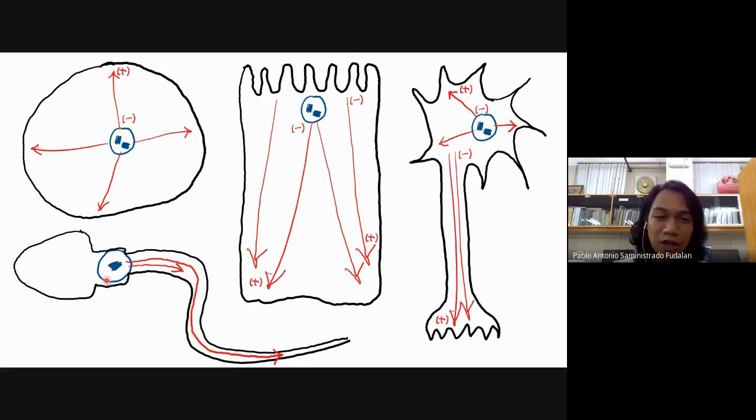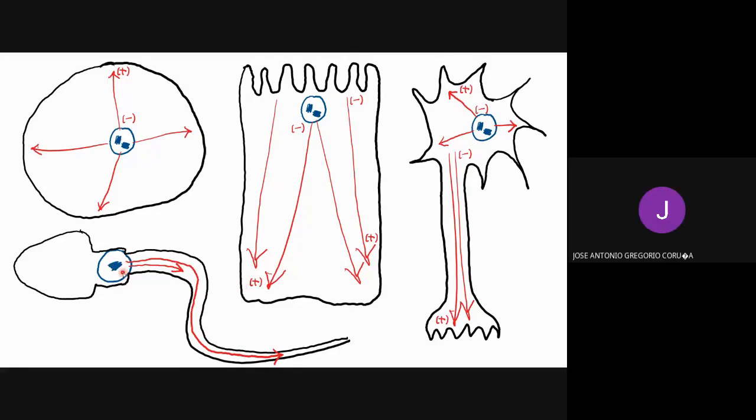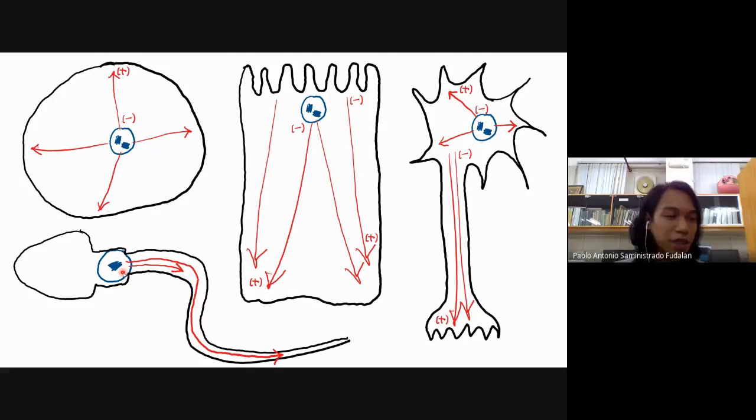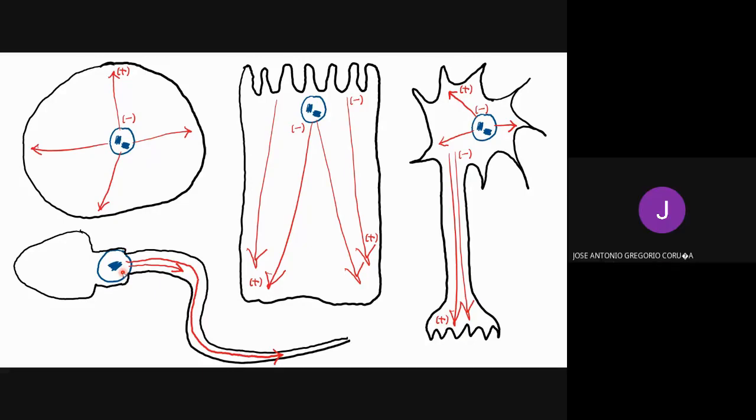What about this one at the bottom? This is the basal body found in sperm cells, sir. What is its function? It functions also in the formation of microtubules for the tail of the sperm, sir, so it can be motile, sir.